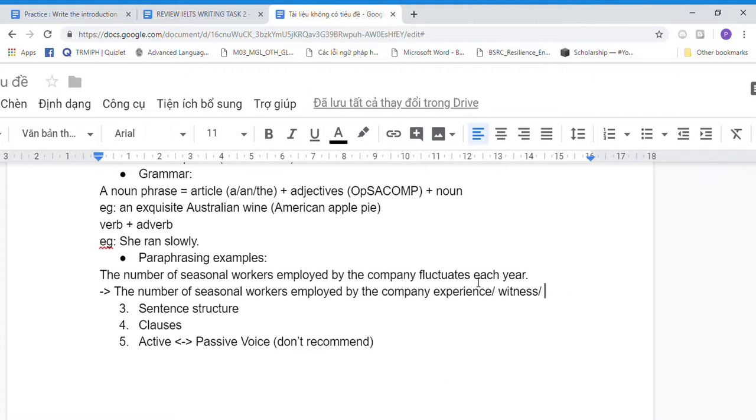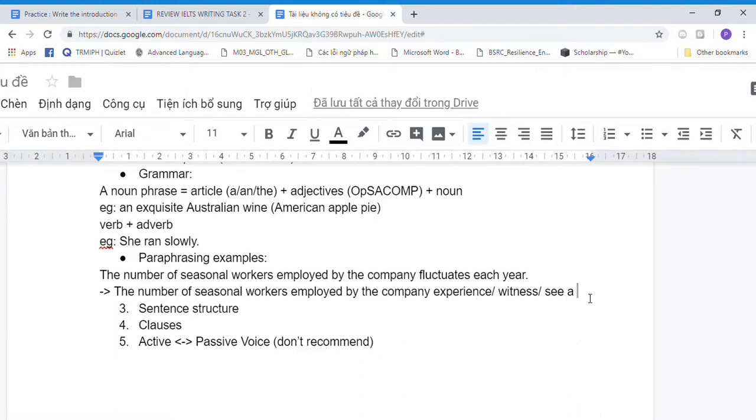Remember, if there is a real time, a specific time at the end of the sentence, for example like in 1999, then you have to use the past tense over here. Okay, employed by the company, experience or witness. Witness is similar to experience. Or see. This is like the basic word to use.